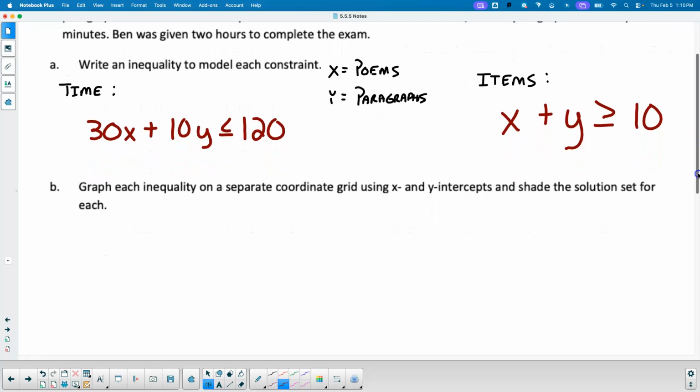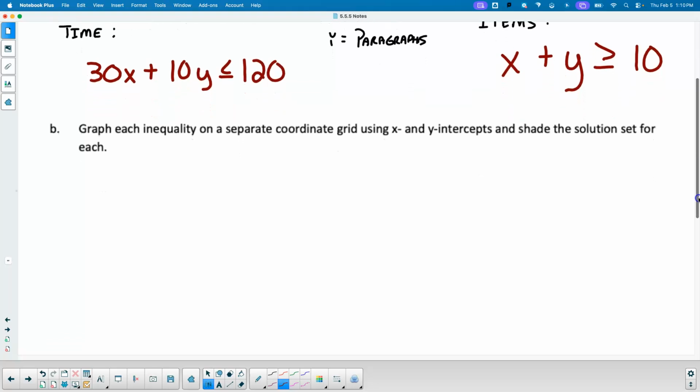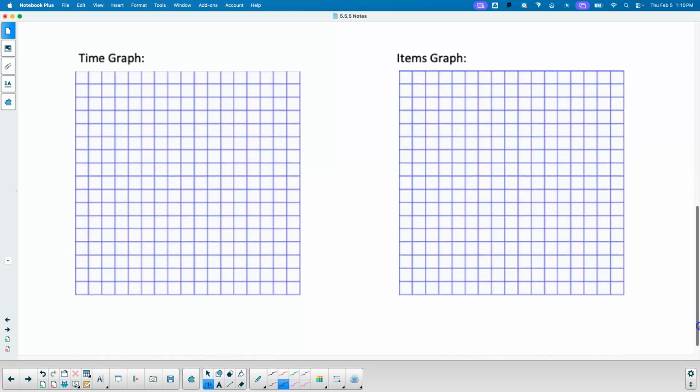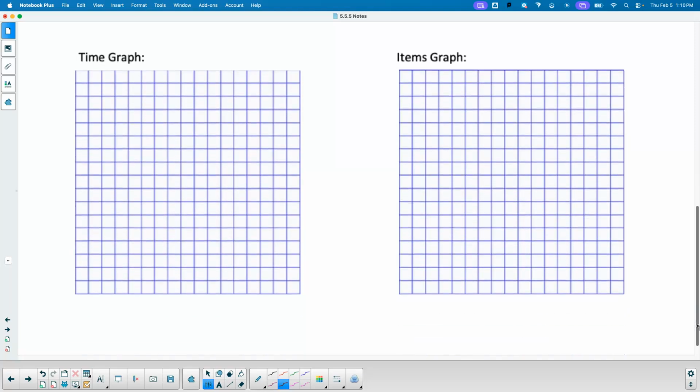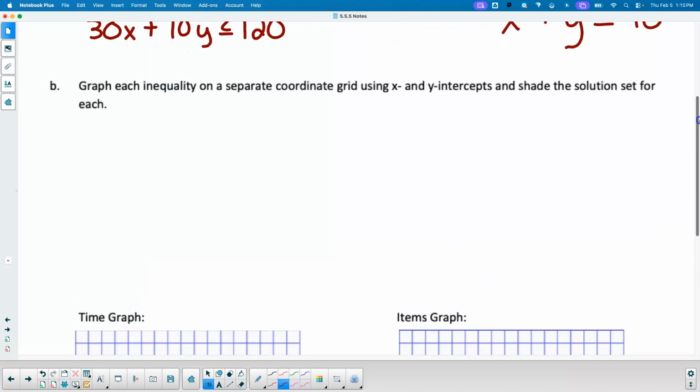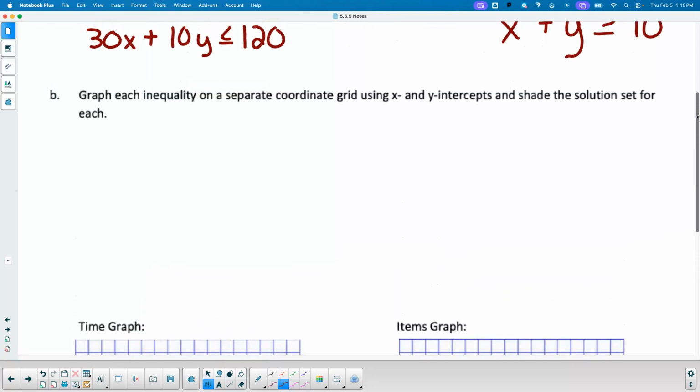Graph it now, it said. Okay, yeah, perfect. We can go by one. So my time graph was, let me just rewrite it here. Items graph.